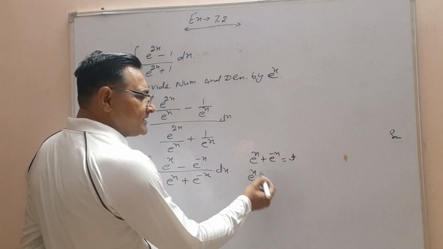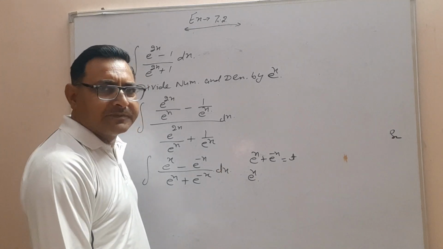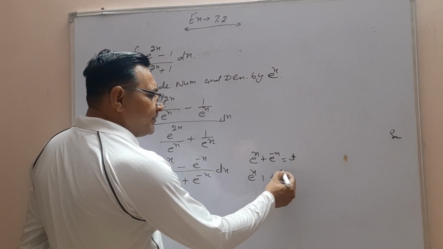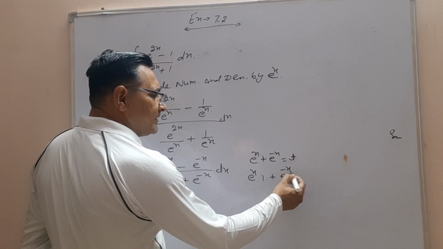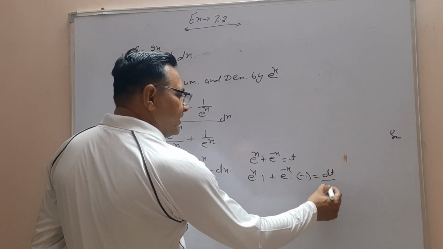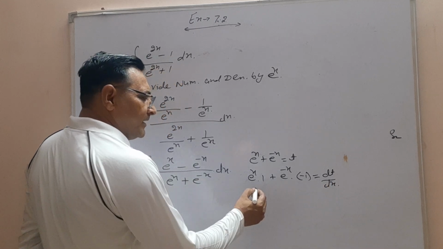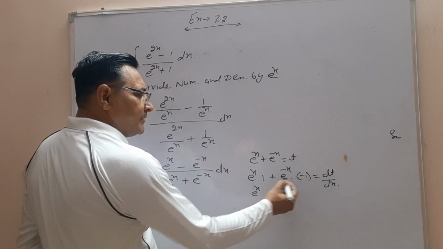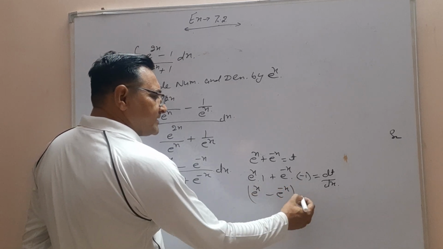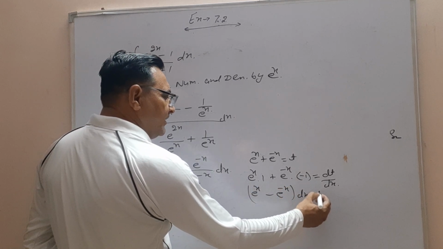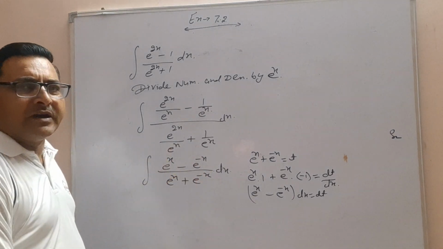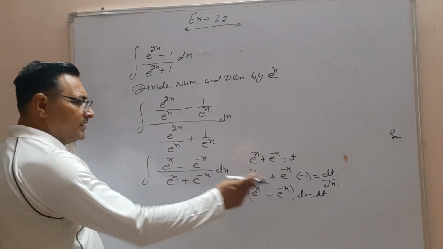Derivative of its power x, we are differentiating with respect to x, so derivative of x is 1. Same here, e^(-x) as it is and derivative of minus x is minus 1, is equal to dt by dx. What it will be? e^x plus minus minus e^(-x), and dx cross multiply here, it will be dt. So the value of this e^x minus e^(-x) is dt.